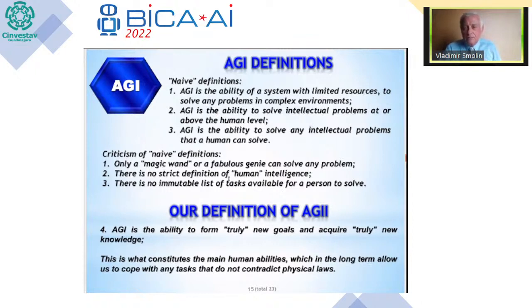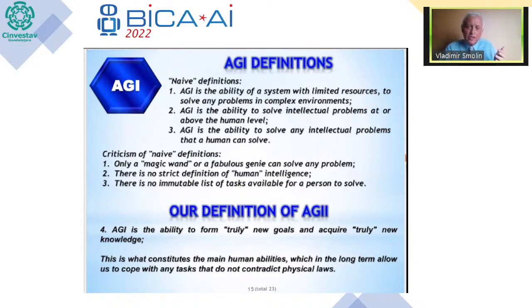That is technically impossible, because only a fabulous genie or some other magic thing can do everything. Any technical device can't do everything. And comparing artificial general intelligence with man is also not constructive, because we don't know what the real possibilities of man are, and the schedule of tasks that man can solve is all changing.